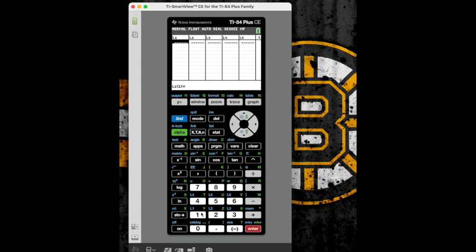If you want to enter 159, you just hit 159 and then enter. And if you want to put in 161, you put 161, enter. Do that for each of the data values until you have all the values listed. So go ahead, pause the video, enter your values, and then restart the video.